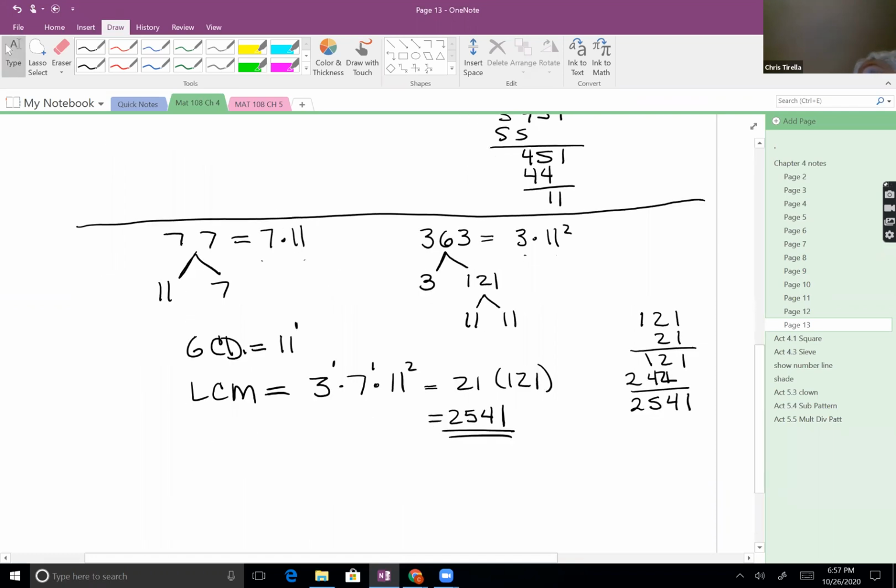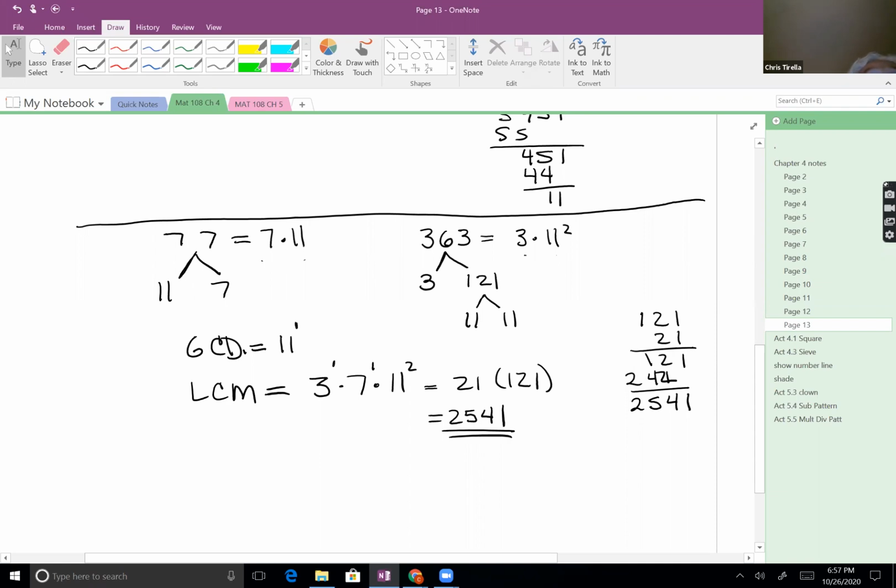And guess what? That's the end of the chapter 4 notes. I'm just misspeaking today. I apologize, folks. If you look at that third page of chapter 4 homework, all of the questions involve either finding the lowest common multiple or the greatest common divisor.